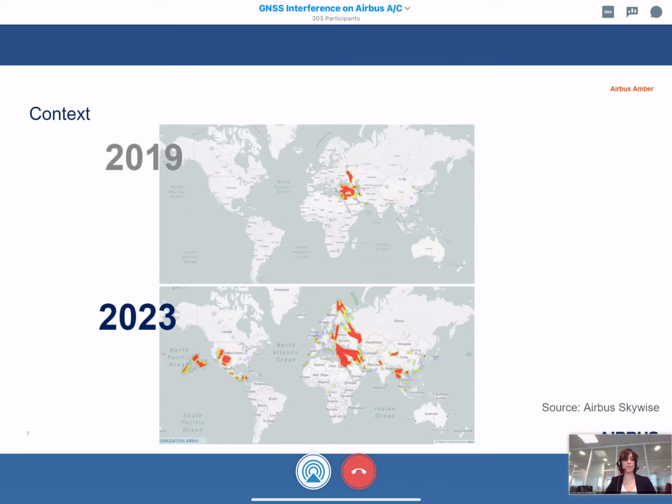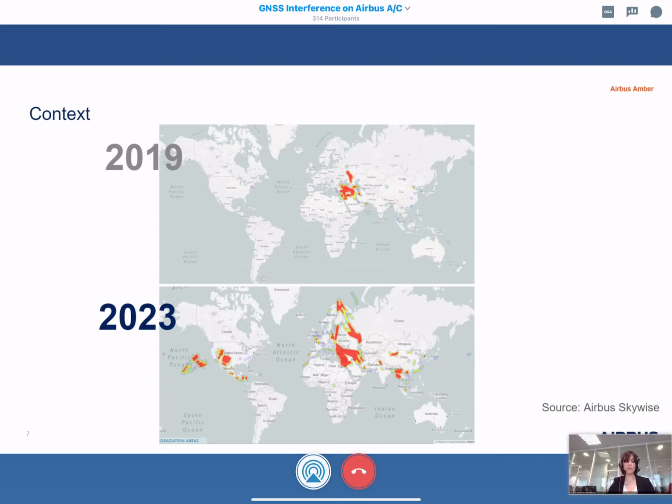As mentioned before, GNSS interference is increasing over the years. 2022 and 2023 show a further increase of the threat, mainly due to the geopolitical context, mainly in geographical areas surrounding conflict zones. An even further increase is observed since September 2023, with increasing reports in which spoofing is suspected.